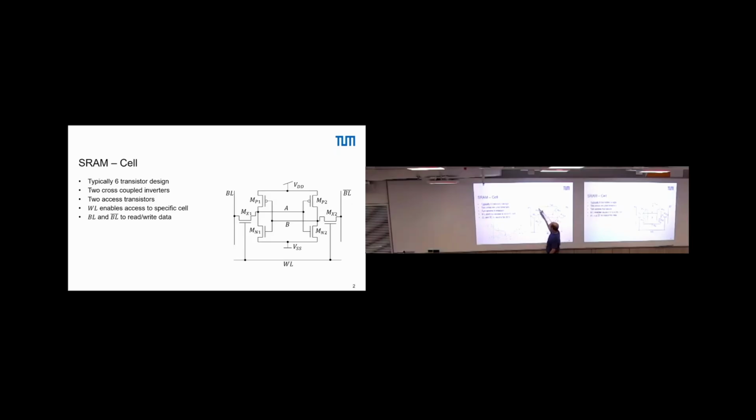This one here, there the input is Vin dash. Vin dash is VB. Vin is VA, right? Okay? Does it make sense? Okay? Good.